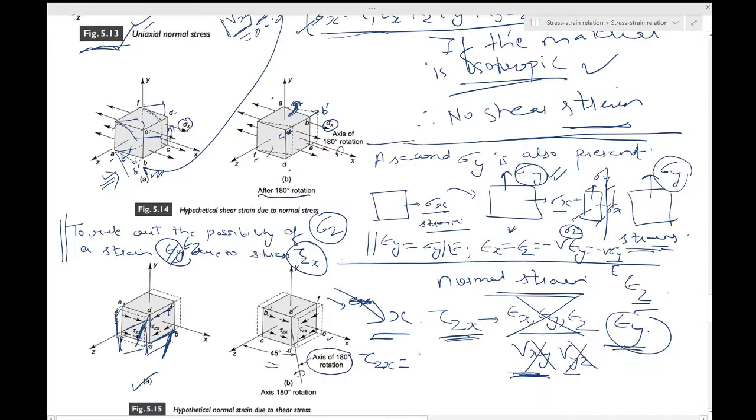So that would mean that you have C1 epsilon x plus C2 epsilon y plus C3 epsilon z plus C4 gamma xy plus C5 gamma yz plus C6 gamma xz.